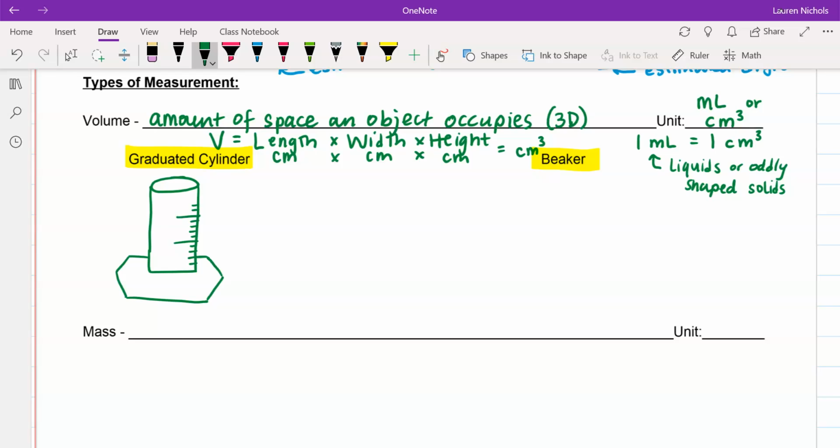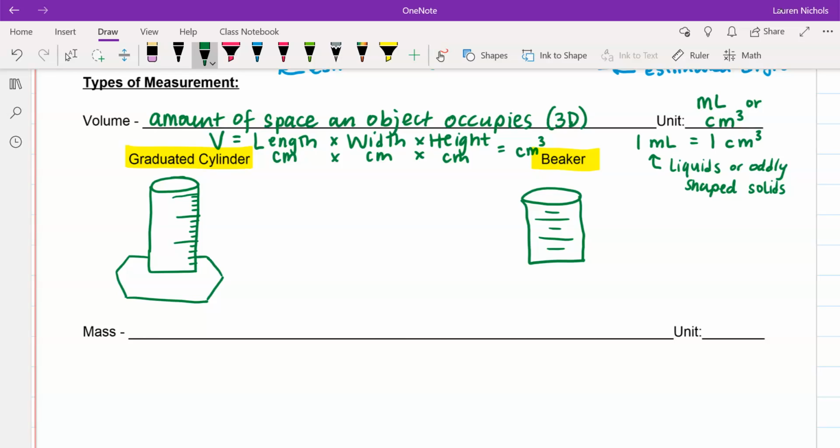And with a graduated cylinder, you can often measure out to at least 1, sometimes 2 decimal places, depending on the cylinder. And so a beaker looks more like a cup. And in this cup, you often just have 4 to 6 markings. You don't have very many.